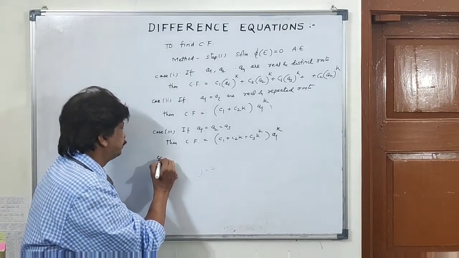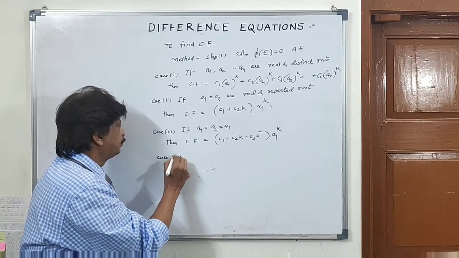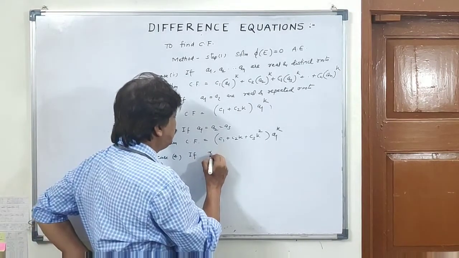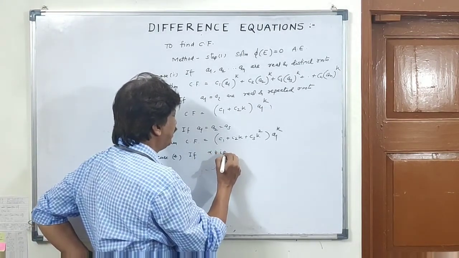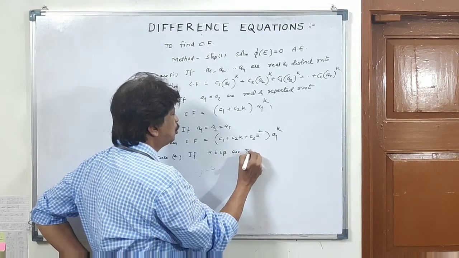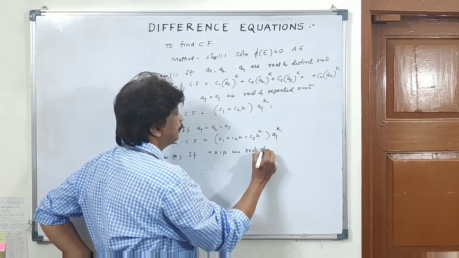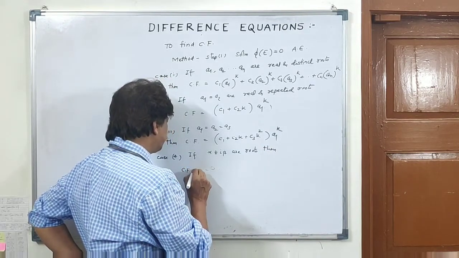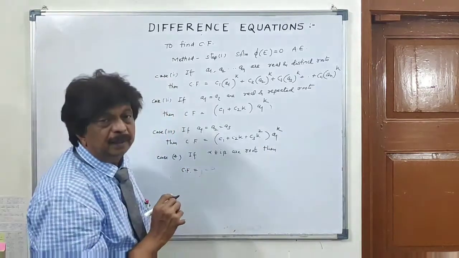Case 4. If alpha plus minus i beta are roots, then CF is equal to, how do we determine?